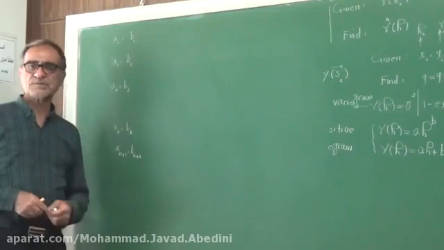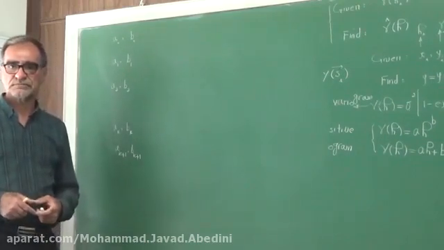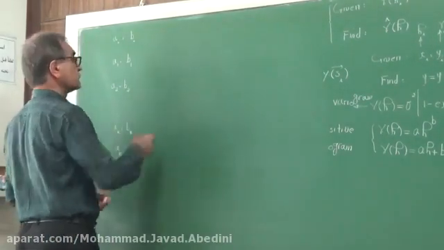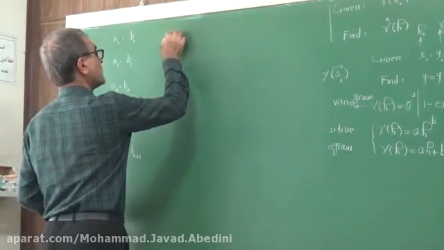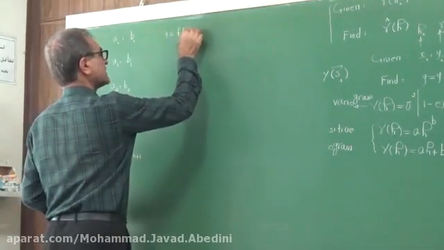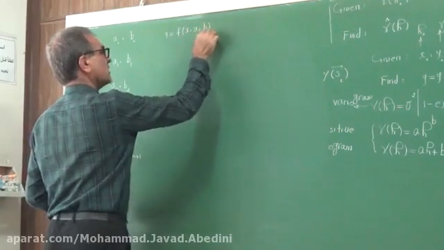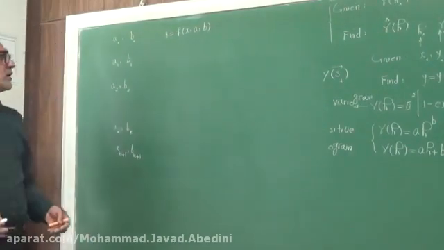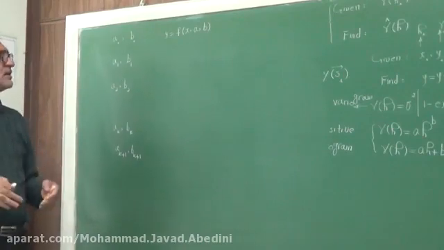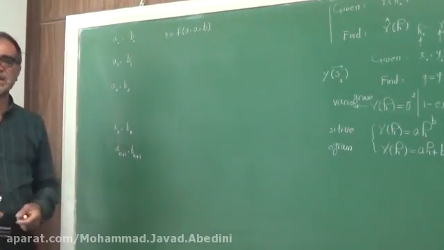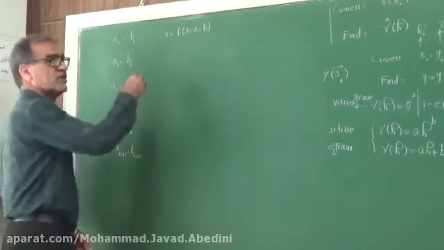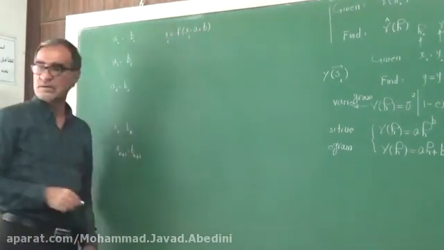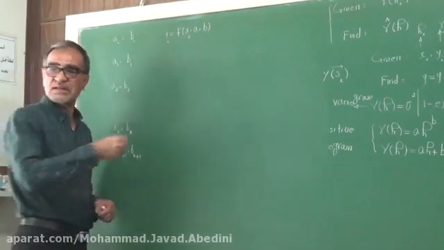First of all, let me define my objective function. If y is equal to f of x, a and b, this is a functional relationship which cannot be linearized. My first task is to be able to obtain that iterative relationship. Therefore, if I put i here, then I have to add what?